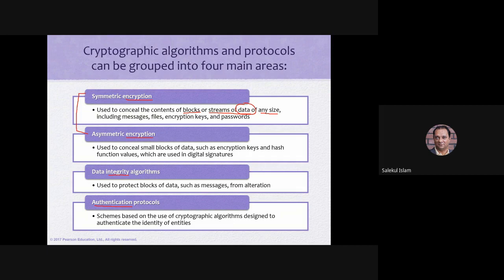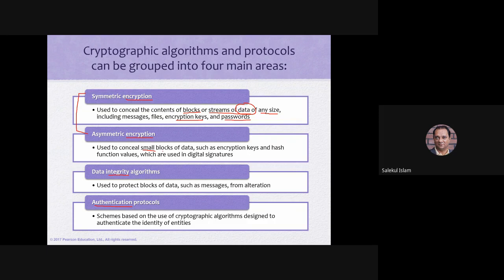Data might be a message, files, even other keys, or even a password. That is the use of symmetric encryption. When we want to send a large volume of data, we always prefer symmetric encryption. But asymmetric encryption is used to conceal small blocks. That is the main difference.